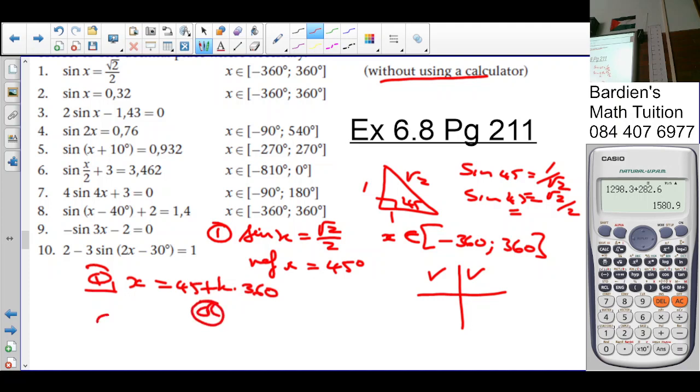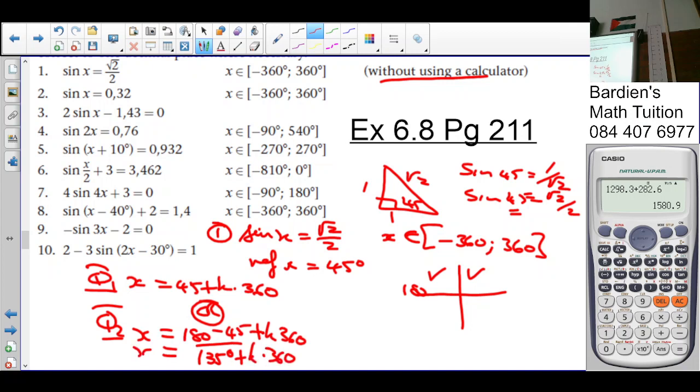Or in quadrant 2, x is equal to 180 minus 45 plus k times 360. 180 minus 45 is 135 plus k times 360, where k is an element of integers.